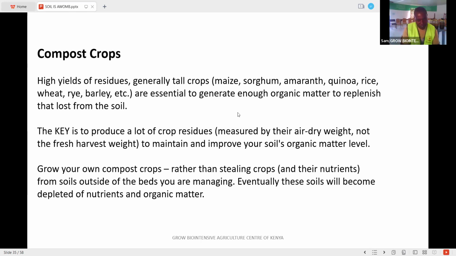So convert one portion first for 3 years, then go again, another portion 3 years. For the rest of the portions, you can continue using the method that you have been using, but you know what you are doing, so that in the next 10 years, the whole of your farm will be organic.